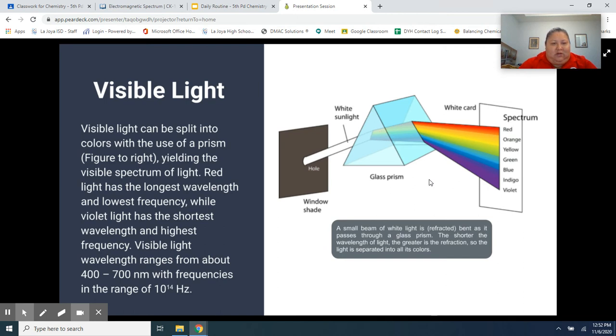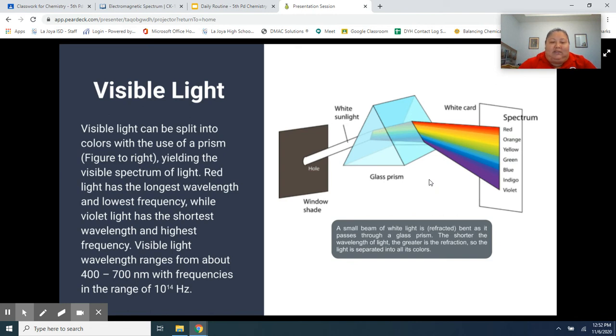It says here yielding. Okay, so anytime you bend that light, you're yielding that visible light spectrum. Red light has the longest wavelength and the lowest frequency. Anytime you see violet light, violet will have short waves and high frequency.